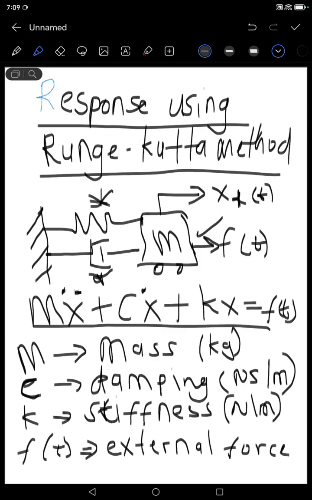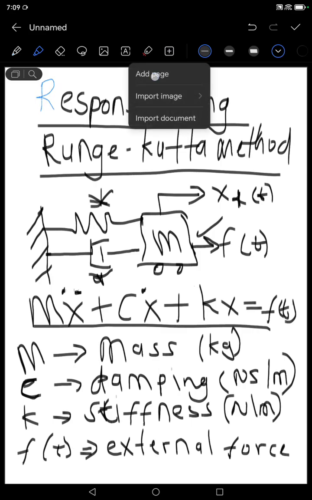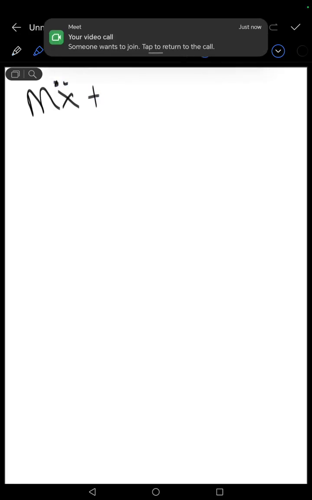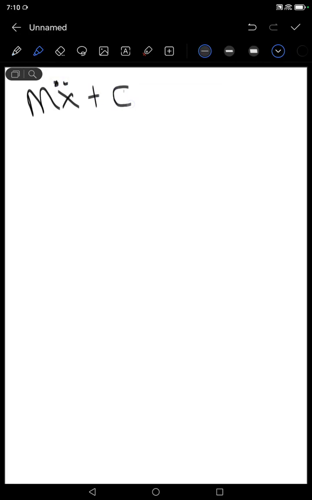So from here, we have this equation. Let me write it on this side: m x double dot plus c x dot plus k x equals F of t. Remember, we want to get a response using the Runge-Kutta method.